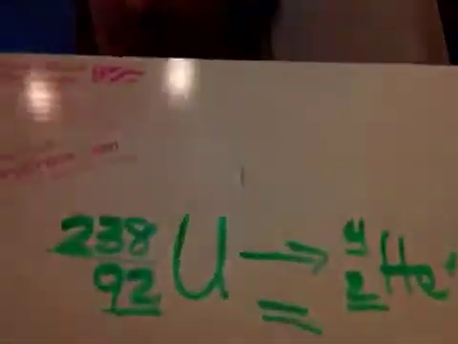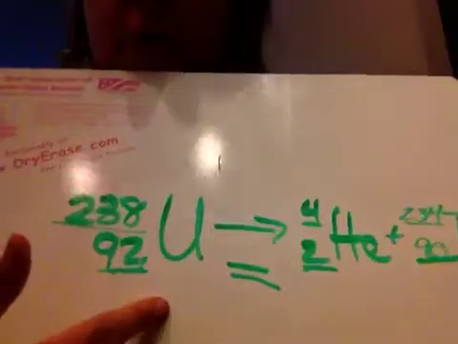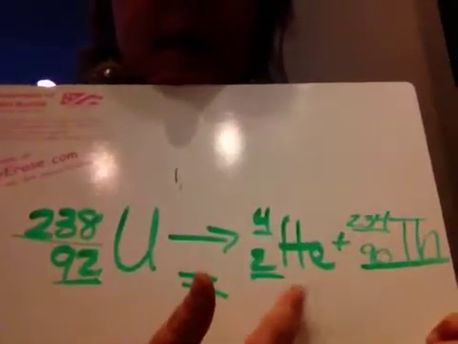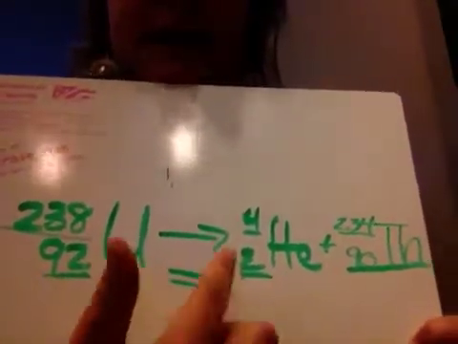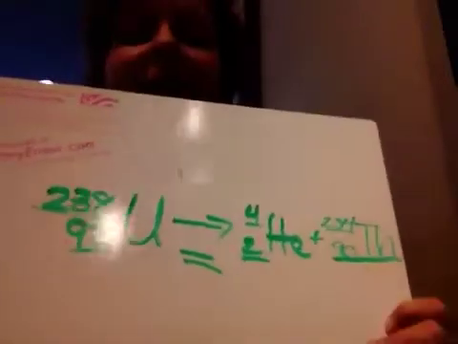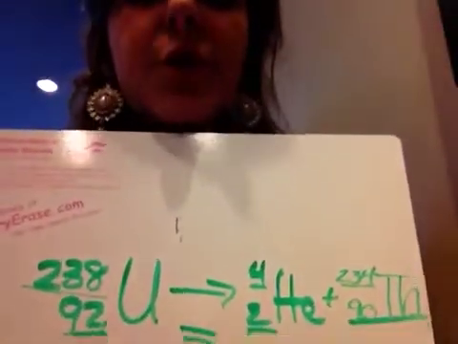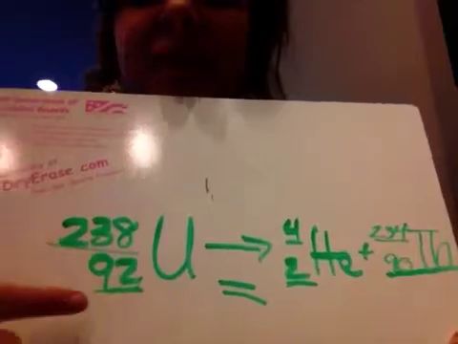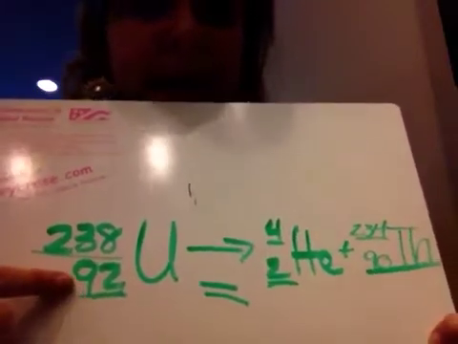So because of that, it's going to lose an alpha particle, which just means it's going to emit some type of helium nucleus. So uranium is going to break down, emitting this helium nucleus. So I see that here. But it can't just do that. It has to account for all of this extra mass and all of these other protons that it has.